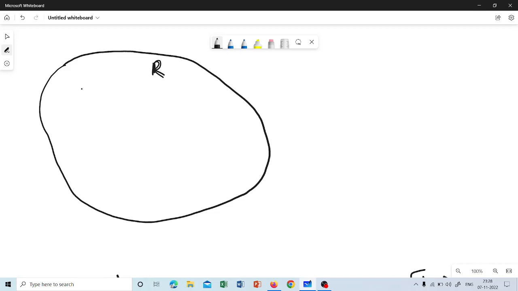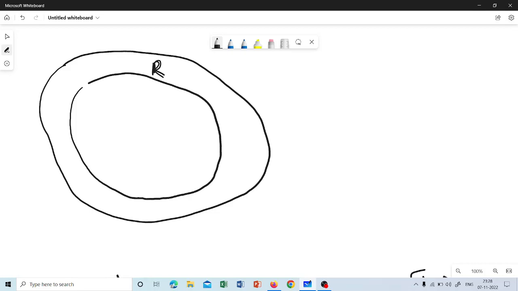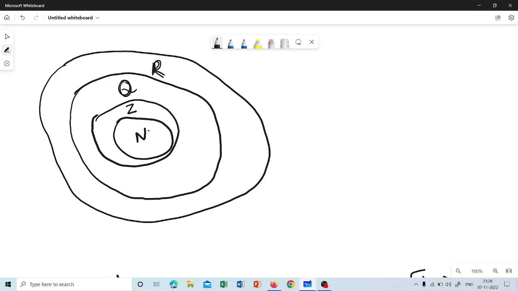Then comes rational numbers, which I represent as Q. In rational numbers, we get integers. Then in integers, natural numbers will come. So this is what is there. So this is a Venn diagram.